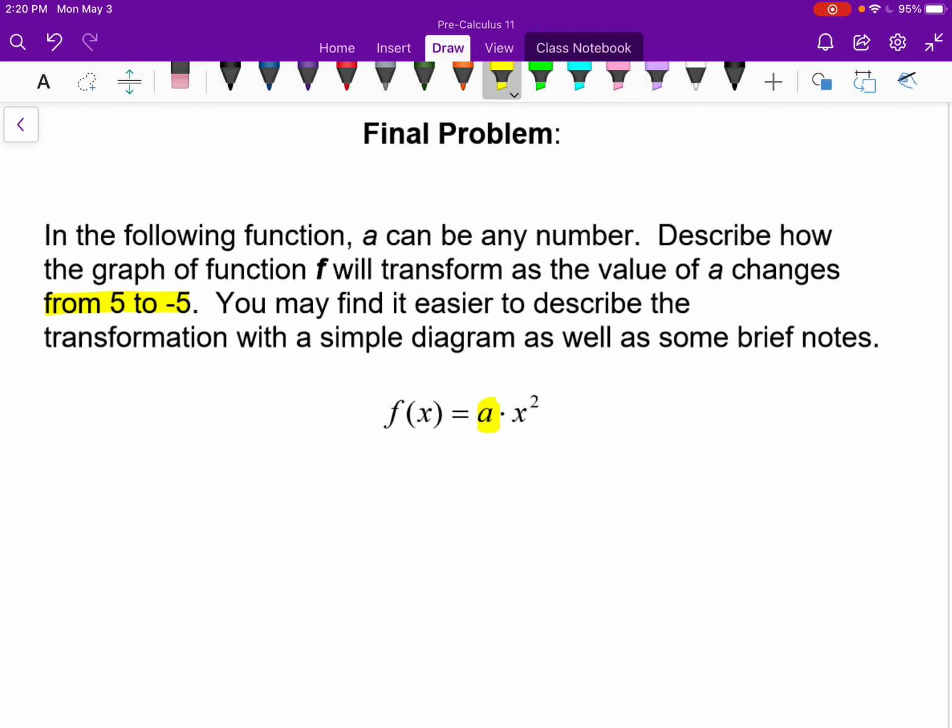Imagine I have, again, x squared, but I have some number in the front, a coefficient that changes from 5 to -5. As it changes, how will the parabola change? And ideally, we can visualize this before I show it to you.